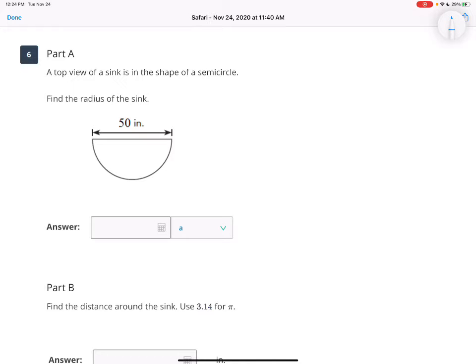Regardless if the circle is a half size, a whole size, or even a quarter size, a radius will still be a radius. And the diameter is 50 inches, so the radius is half of the diameter, and that would be 25. And it's in terms of inches, so I would have to put 25 inches, okay?